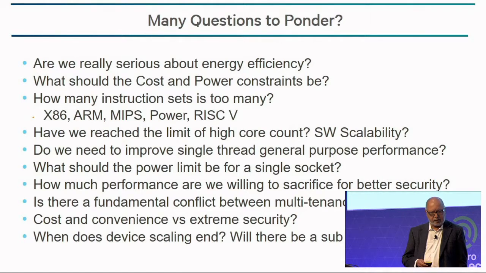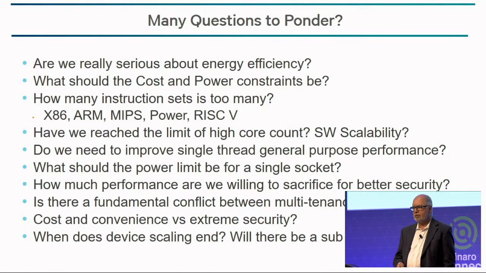And lately, when we talk about security, I don't believe that you can have security without incurring a performance penalty. The question for us as an industry is, how much performance are we willing to sacrifice to get security? One of the reasons some of these security things happened was because from an economics perspective, we said multi-tenancy is the way to go.